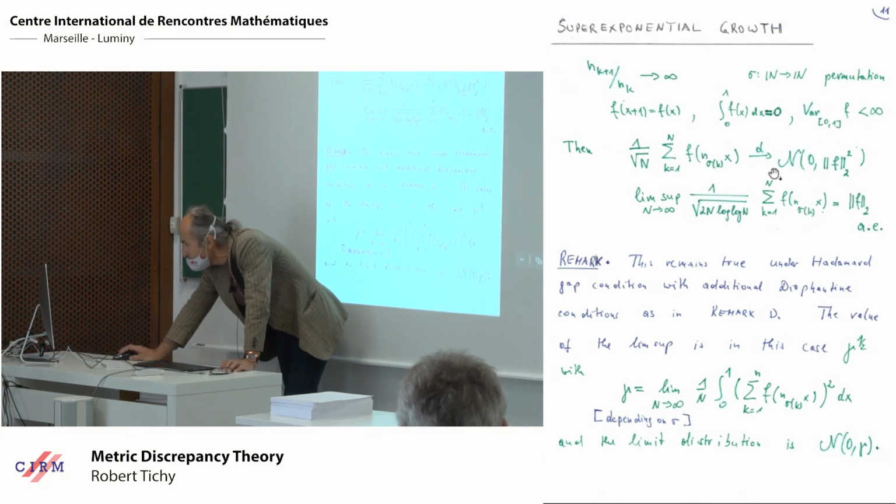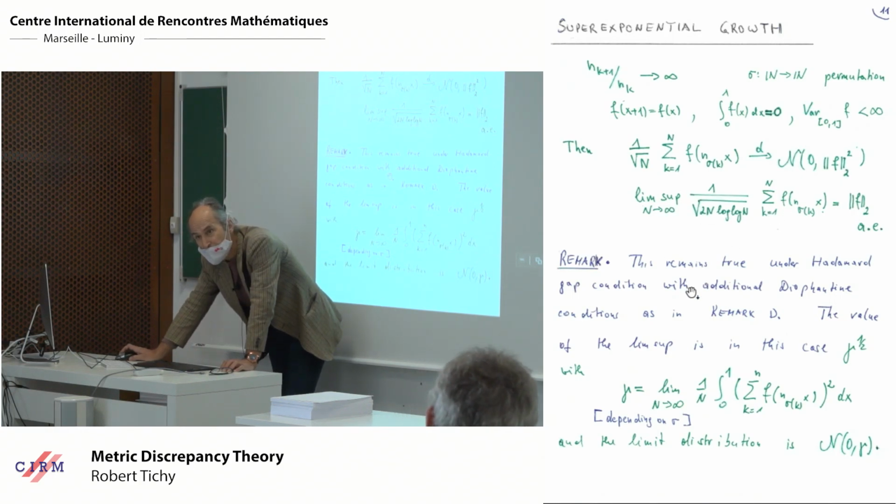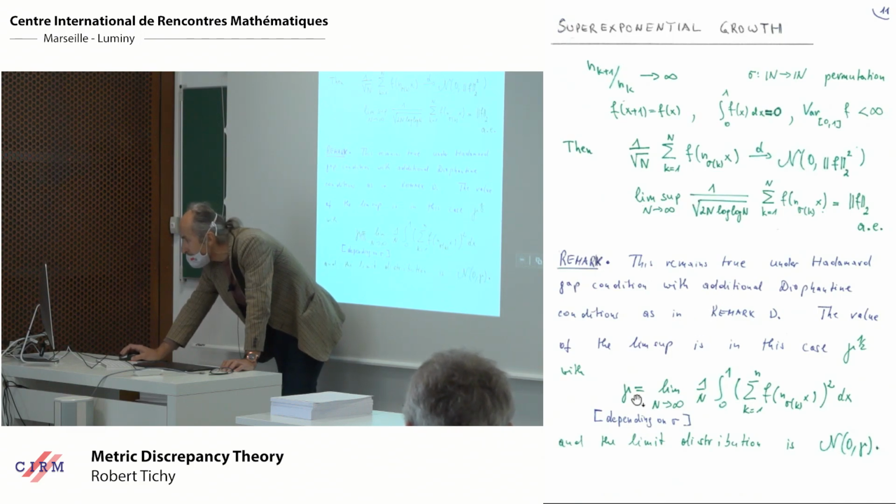Then we have, for any permutation, the central limit theorem with the correct quantity. Here it's just the variance of the function f, and here the standard deviation of the function f for the law of the iterated logarithm. Beautiful behavior.